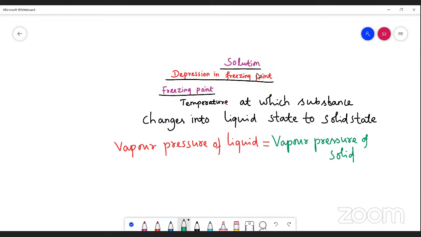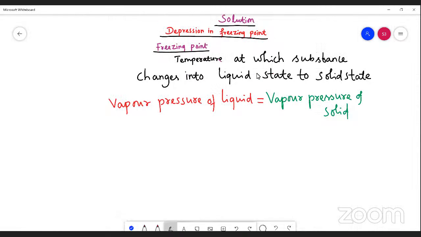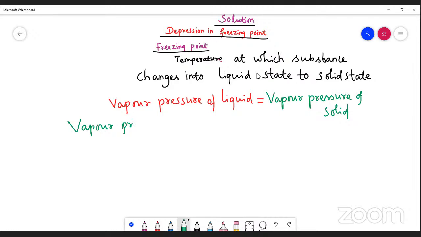So first of all, what is this vapor pressure? I will give you the definition of vapor pressure first. What is vapor pressure?